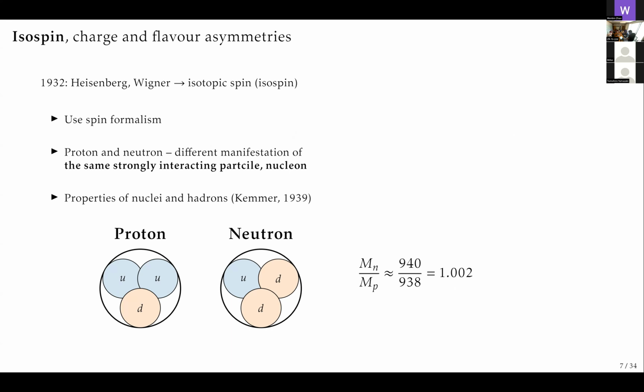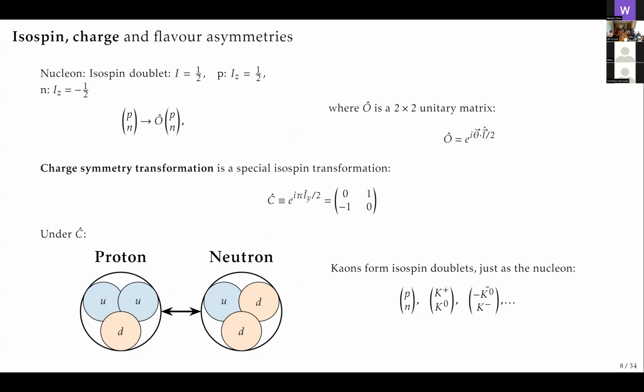So, I believe that was the original idea why those might be the same objects. Then we can talk about the isospin charge symmetries. We have the charge symmetry transformation, which is a special kind of isospin transformation, and under this transformation we can transform proton into neutron and vice versa.